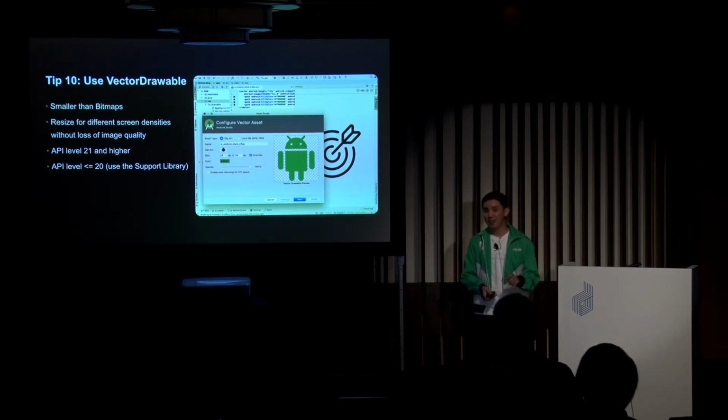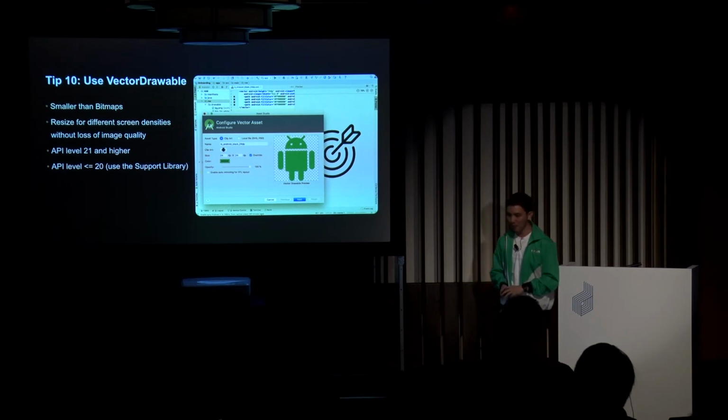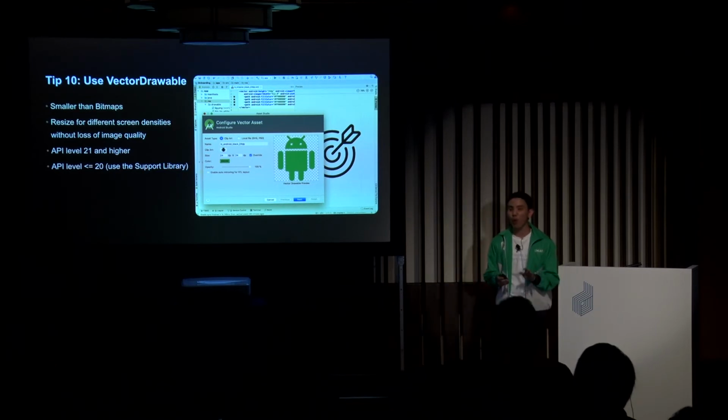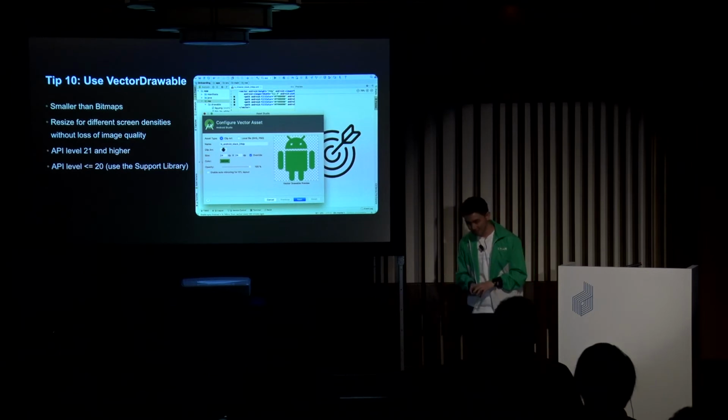For example, many pieces of images that you have to support. But in vector drawable, you just create one file. It can scale automatically for any screen density with the same quality of image.